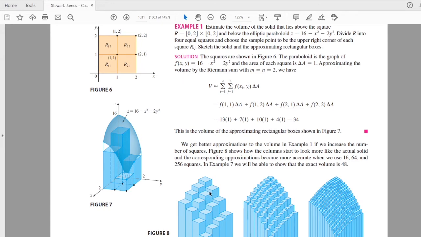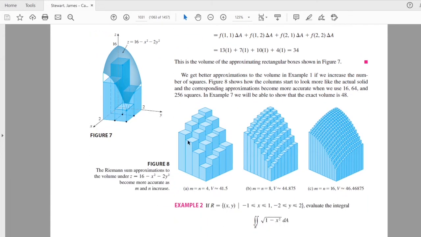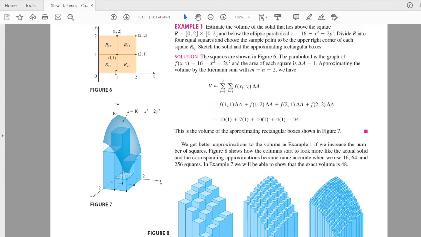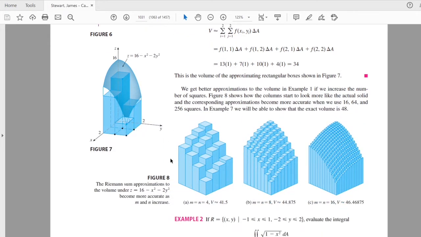Now we're looking at rectangular solids. If I pull this up here, you can see over the region we're taking our rectangular region and breaking it up into smaller rectangles and then projecting those rectangles up until they hit the curve. And just like in Calc 1, the more rectangles you make, the closer your approximation is going to be.